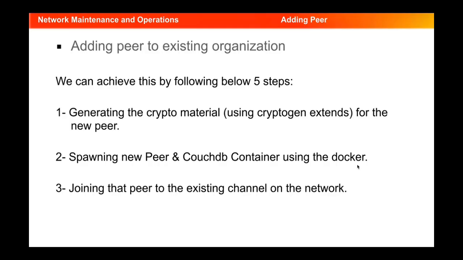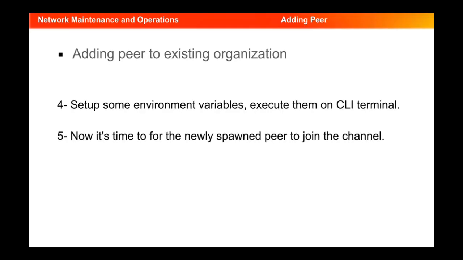For example, if you have two organizations, you have each of them facilitating one peer each, which means you have two containers running. So these two peers have already joined the channel. So now that we are adding one more peer to the channel, we need to make sure that that peer is added to the existing channel where the previous peers are also part of.